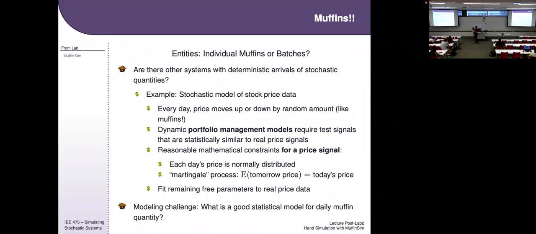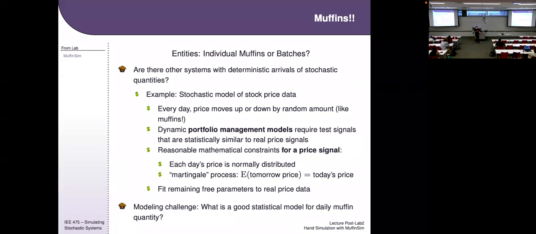So they need a way to say, what's a realistic way for prices to rise and fall across all of my equities to test this out. And this is actually very similar to the muffin example, where every day or every minute, depending on what you're simulating, you have an arrival of a price, and that price might be different than the price from the day before.